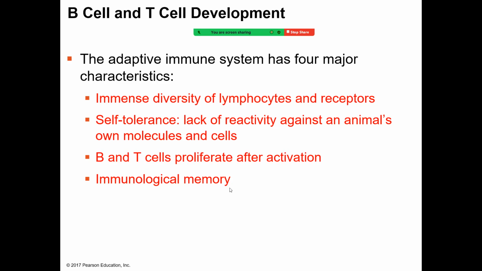And a really big part of this is the fact that B and T cells have to be created to retain immunological memory, meaning that there are memory cells, memory B cells and memory T cells that float around in your blood supply that will recognize an antigen that has been seen before.